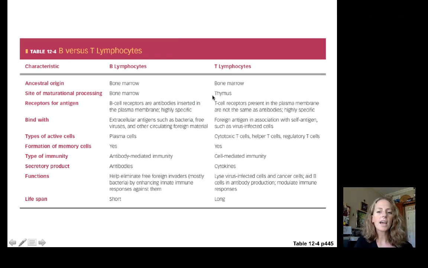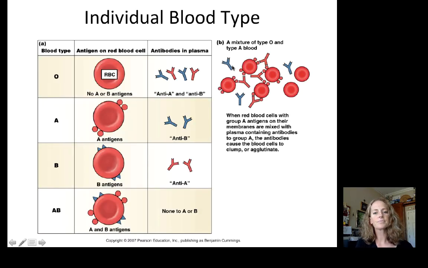You have a summary diagram in your textbook which talks about the differences between B and T cells. One example of antibody use clinically is individual blood type. So individuals have particular proteins expressed on their blood which mark it as self versus non-self.